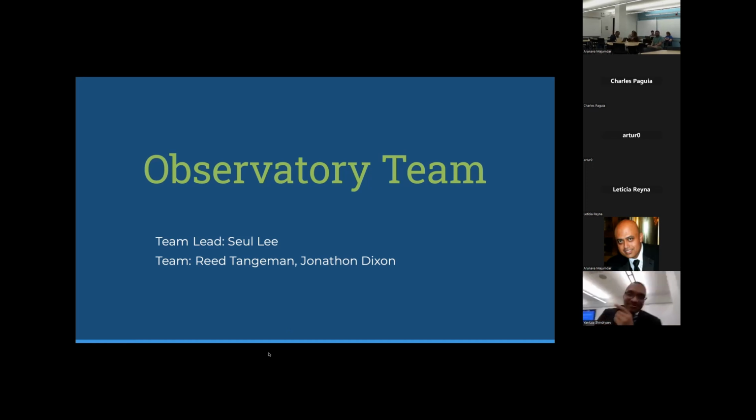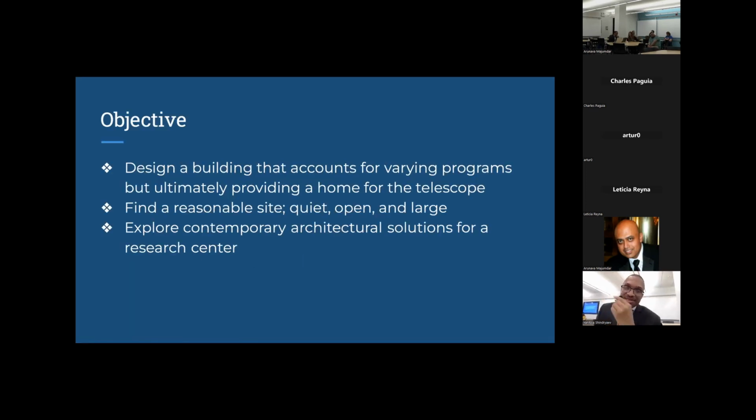All right, so from the observatory team. Our objective for our observatory team was to design a building that accounts for varying programs, ultimately providing a home for our telescopes. So they wanted to find a nice location that really accounted for it being open, with a lot of space for mobility, as well as being quiet. So they came up with some different prototypes throughout the semester.